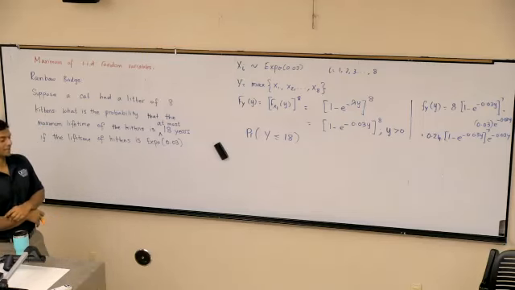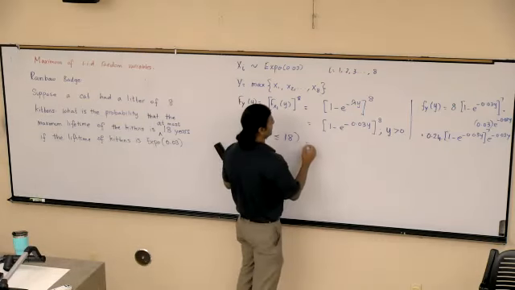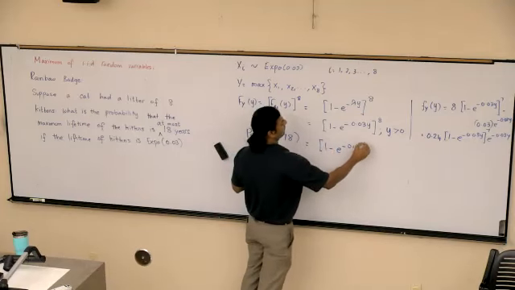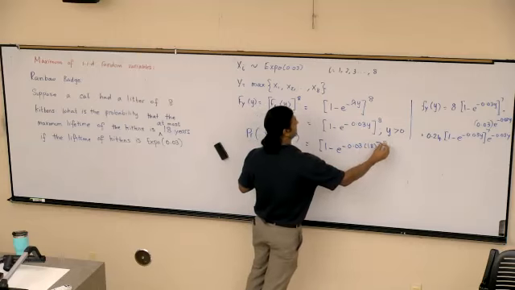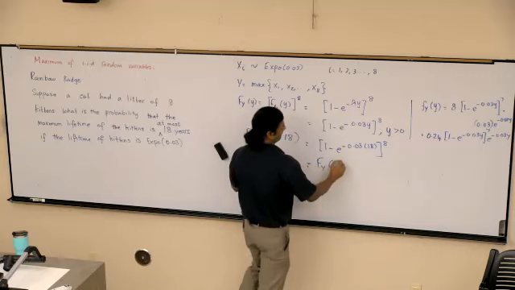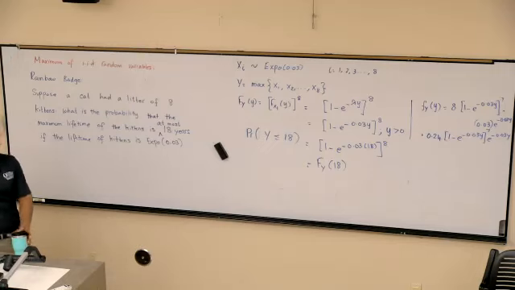This is something you should know if you did the homework. So we just plug in 18 up there. So (1 minus e raised to minus 0.03 times 18) raised to the 8, which is F_Y of 18.